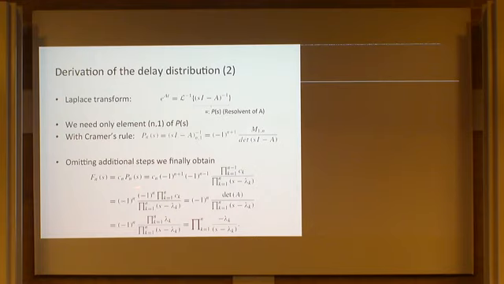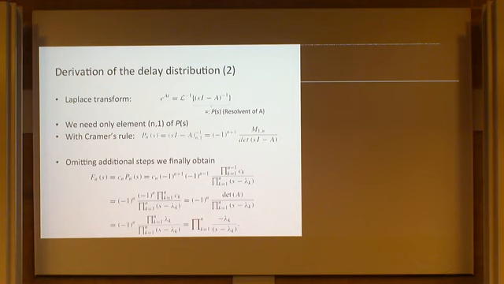So the Cn times Pn of s that we are interested in is Cn times minus 1 to the n plus 1 times this term, and knowing the determinant and knowing something about the minor lets us plug in this fraction, and then we can do more math, and eventually we end up with this product form.